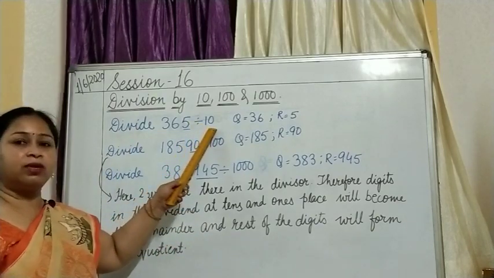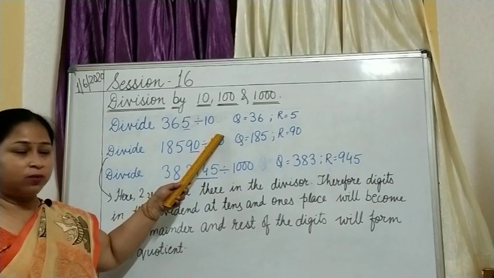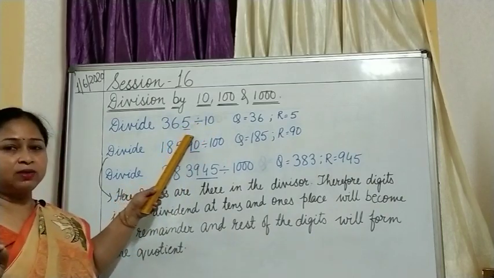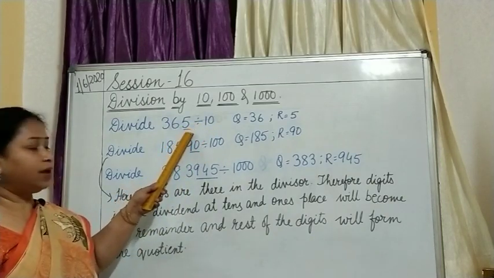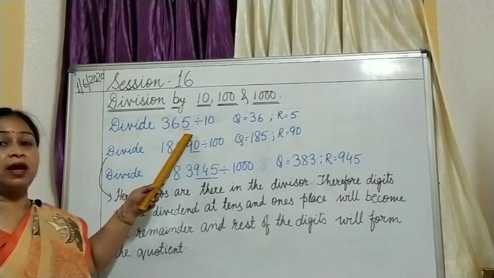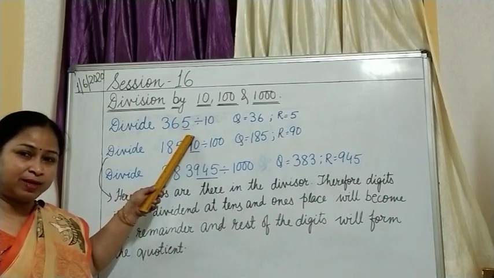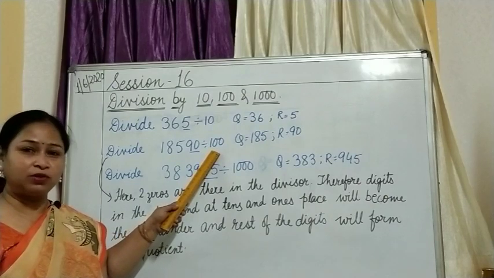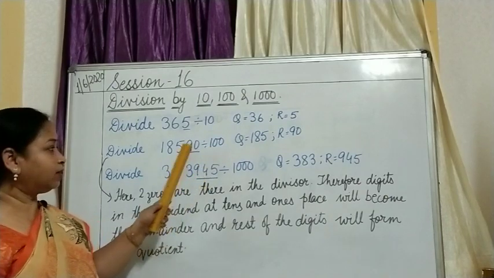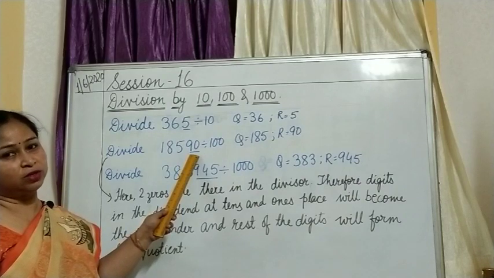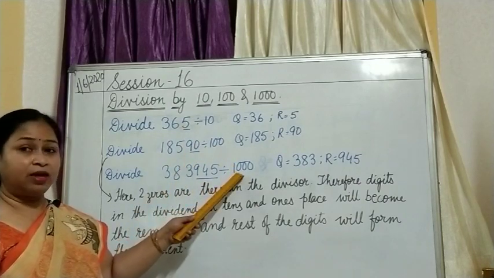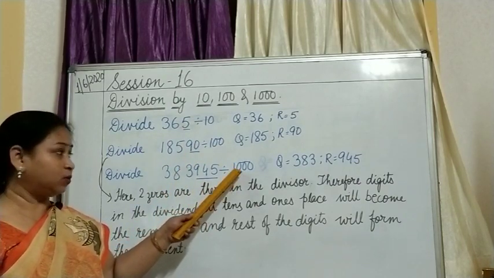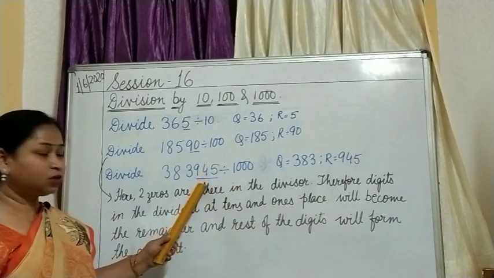Now once again have a look and then you will get the idea. How many zero can you see over here, children? 1 zero. So nicely underline the digit which is at ones place. Easy. If you are dividing the number by 100, how many zeros are there? 2 zeros are there. Underline the last two digits. Okay. Then if there are 3 zeros as you have in 1000, how many digits will you underline?